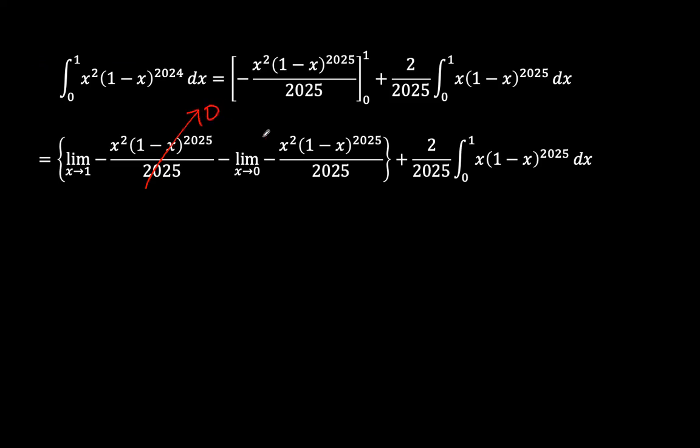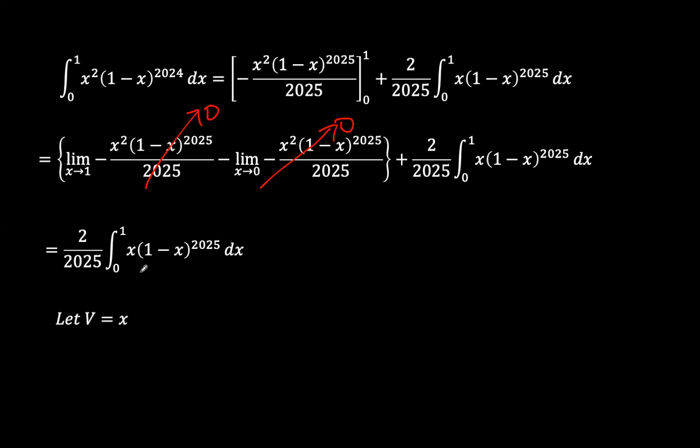And then when x tends to 0, since this goes to 0, this entire part also goes to 0, right? So we're left with the integral of 2 over 2025 times x times (1 minus x) to the power 2025, right?